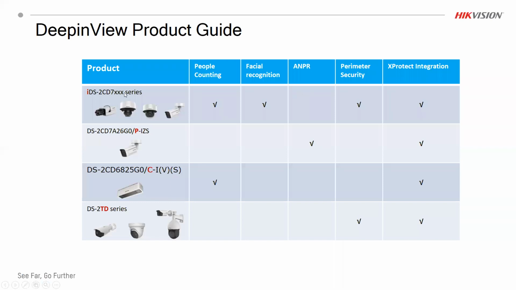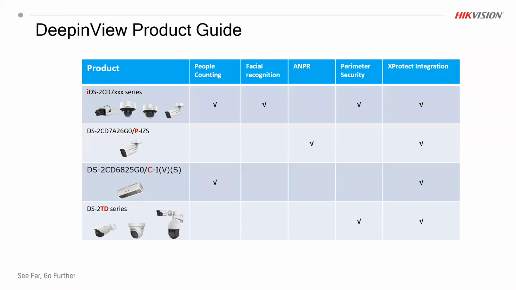So we have the iDS series 2CD 7, and any of those series cameras will basically work with our people counting, facial rec, and perimeter. And then we also have a particular ANPR camera, which works a little bit differently, but that's something we can talk about when the time comes.